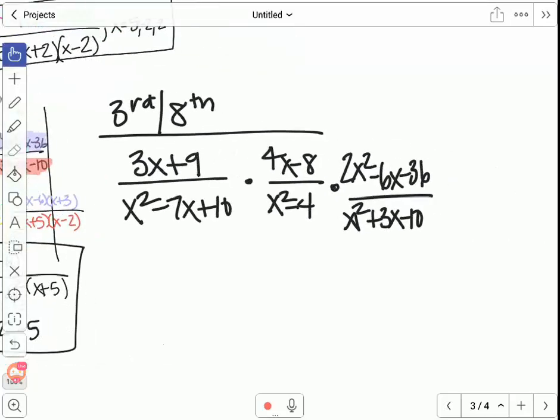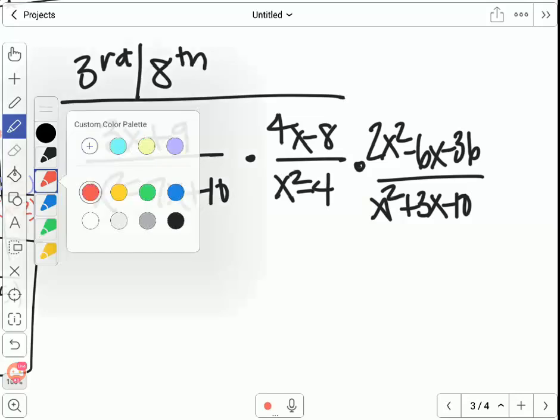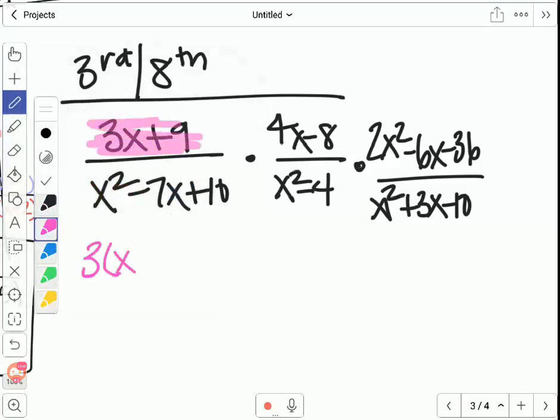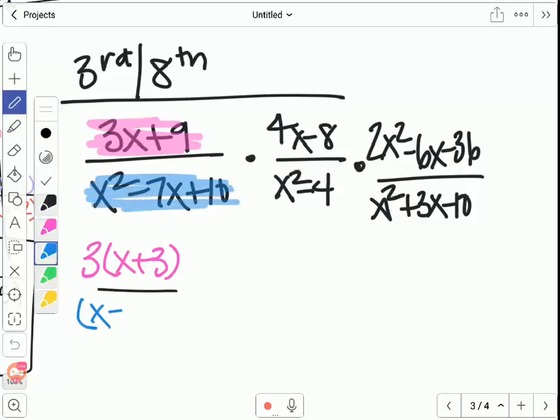I need to factor everything, which factors the same way it did before. So 3x plus 9 factors into 3 times x plus 3. And x squared minus 7x plus 10 factors into the same thing, x minus 2 times x minus 5.